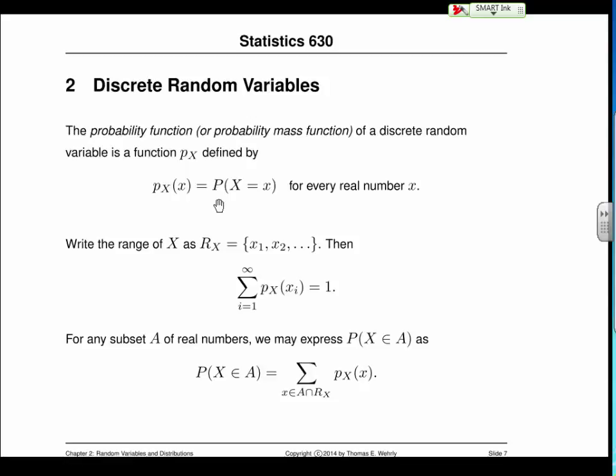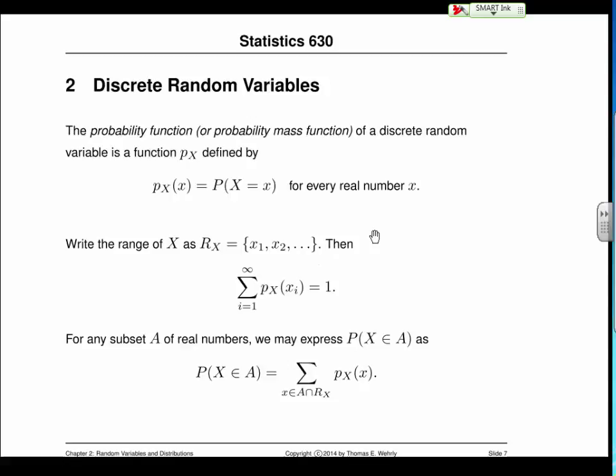So in the previous example, we had a positive value for X equals 0, 1, 2, 3, and 4, and everything else, like 3 halves or 5 or 26 or whatever, had probability 0. So for a discrete random variable, the range is going to be an at most countable sequence of x's.